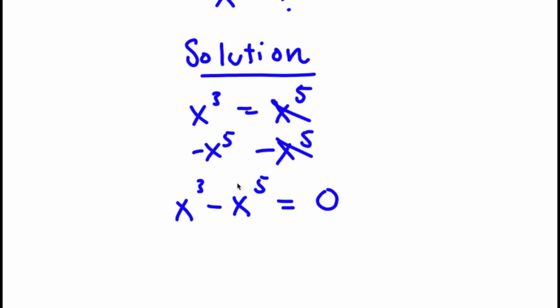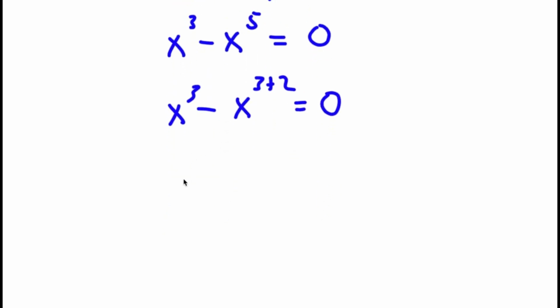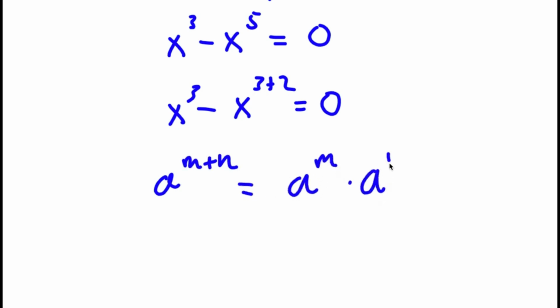Now x to the power of 5, I can rewrite as x to the power of 3 plus 2. And if I have something in the form a to the power of m plus n, this is equal to a to the power of m times a to the power of n. So in this case, x to the power of 3 plus 2 is going to equal x to the power of 3 times x to the power of 2.